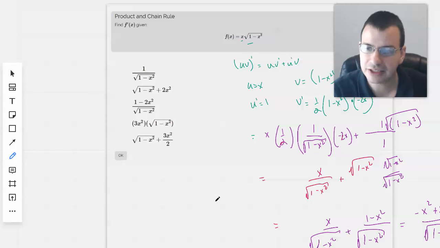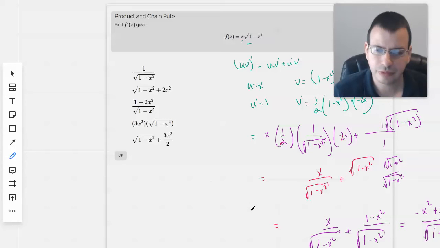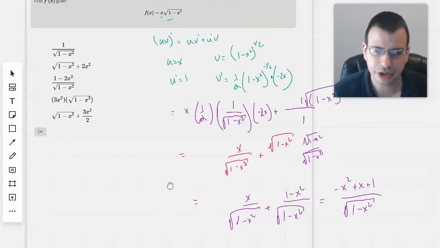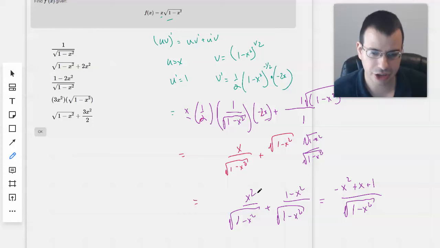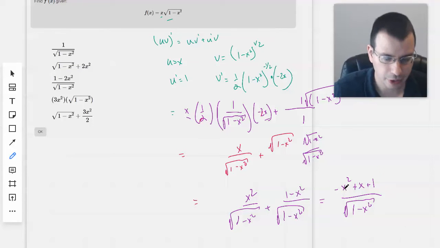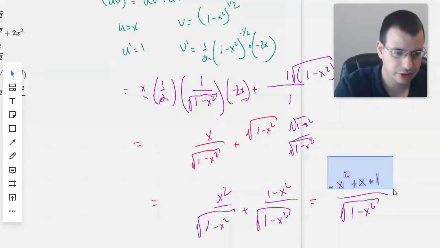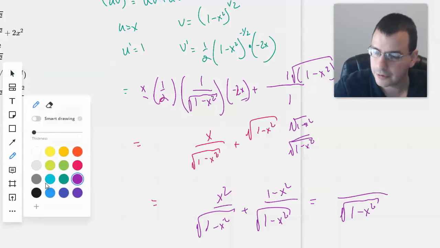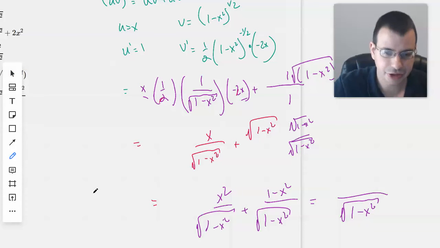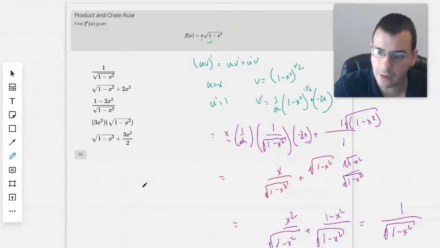Let's see if that's a possibility. Nope, there's a lot of squares there. I think I missed a square there. Okay, so this will be x squared. Oh, and the negative. Gosh darn, I'm missing everything here.